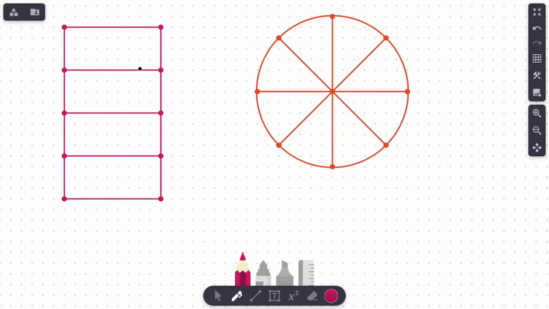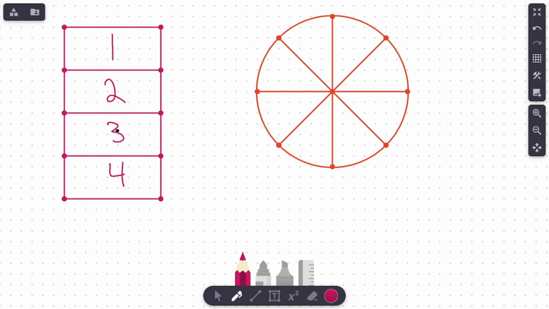To do this, we just need to count the number of sections. While we're counting it, I really want you to make sure, are they the equal size? They have to be the same size. They need to be equal sizes. Let's see how many we have. We've got 1, 2, 3, 4. Excellent. We've got 4 equal sections.